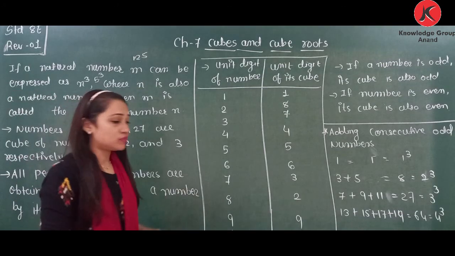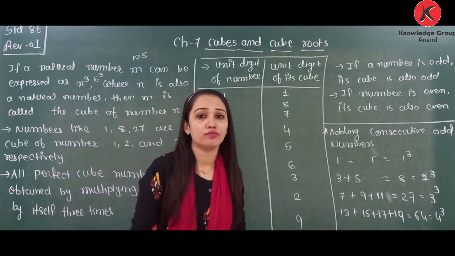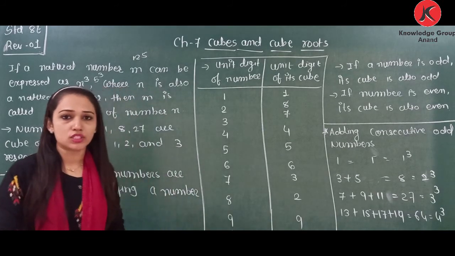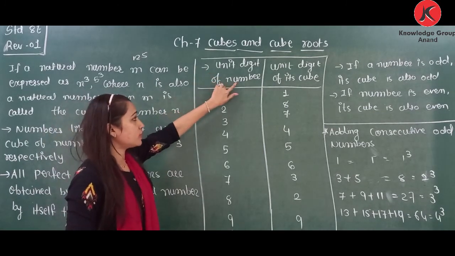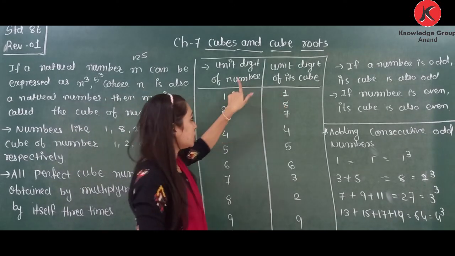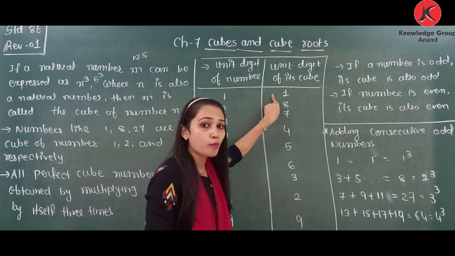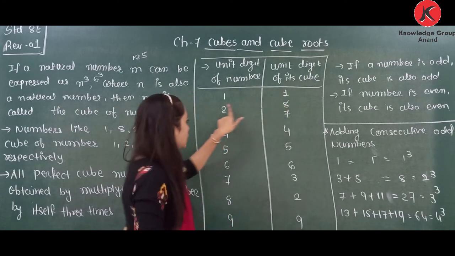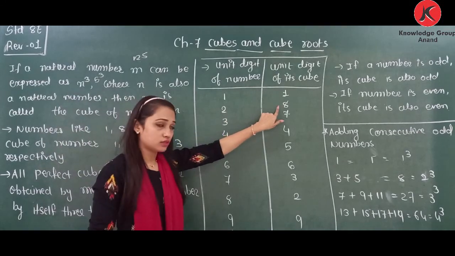Sometimes this kind of question can be asked in MCQ: what is the unit digit, meaning the last digit, when you perform the cube of some number? If the unit digit of a number is 1, then its cube ends with 1. If a number ends with 2, then its cube ends with 8.